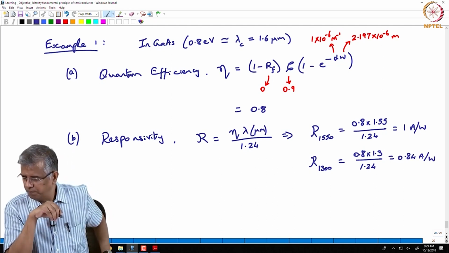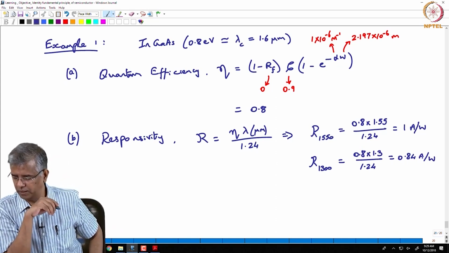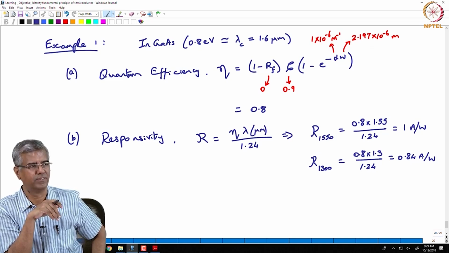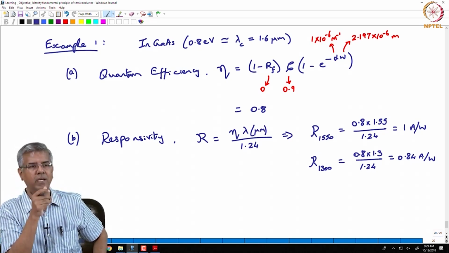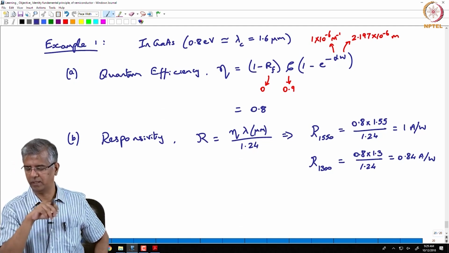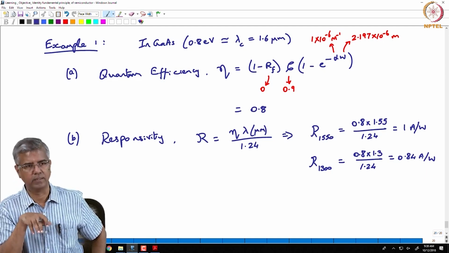So, a lot of times people wonder whether you can have responsivities of greater than 1 amp per watt, right? What do you think? Yes? No? Responsivity is just a numerical quantity. In terms of energy, the quantum effects are all absorbed in zeta, right?